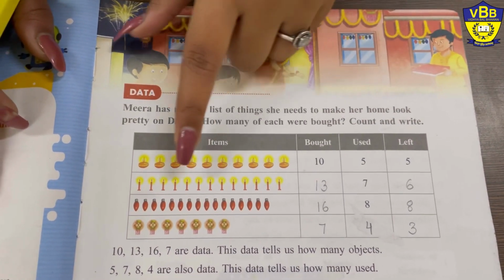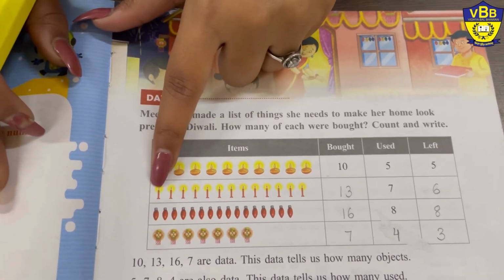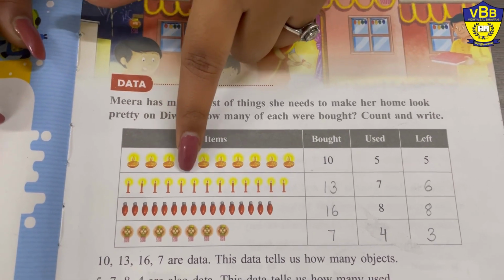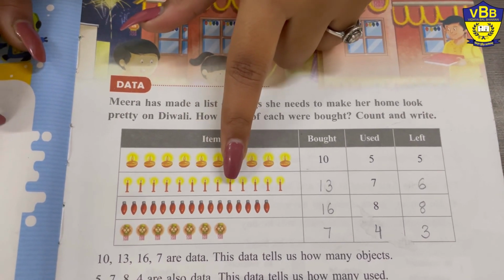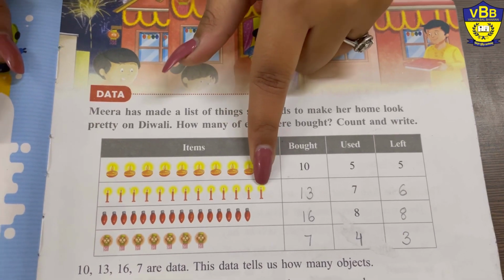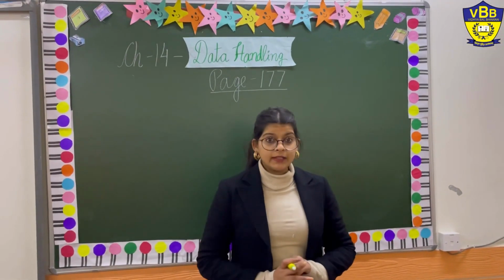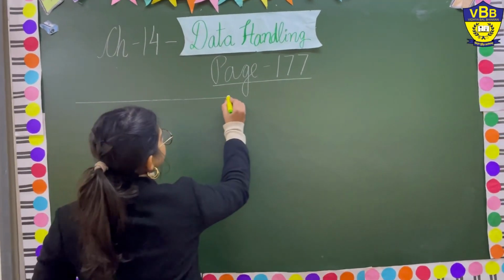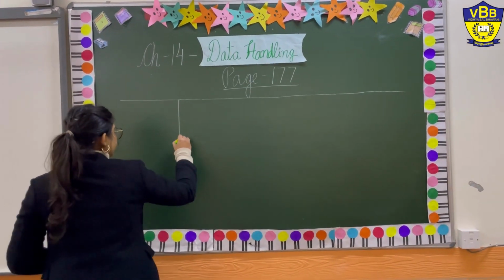In the same manner, we are going to count the number of candles. 1, 2, 3, 4, 5, 6, 7, 8, 9, 10, 11, 12 and 13. How many candles are there? 13. This is the kind of table that has been given to you.